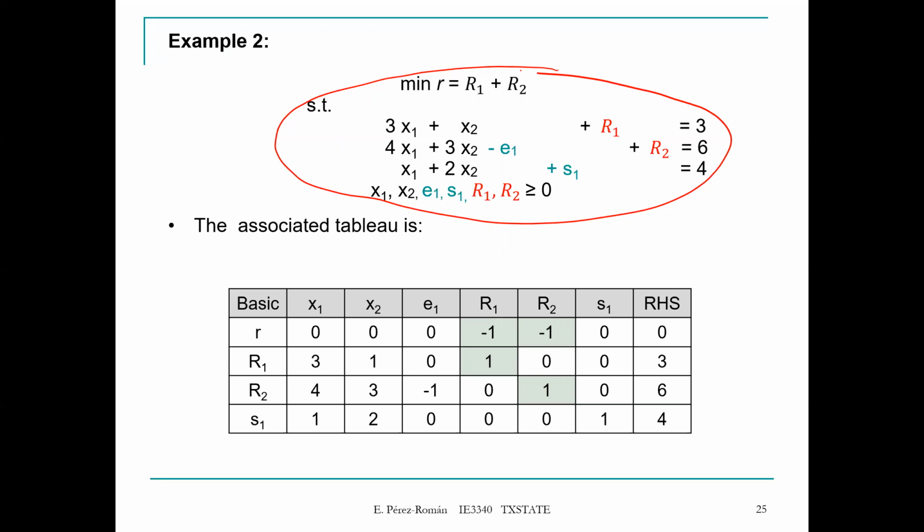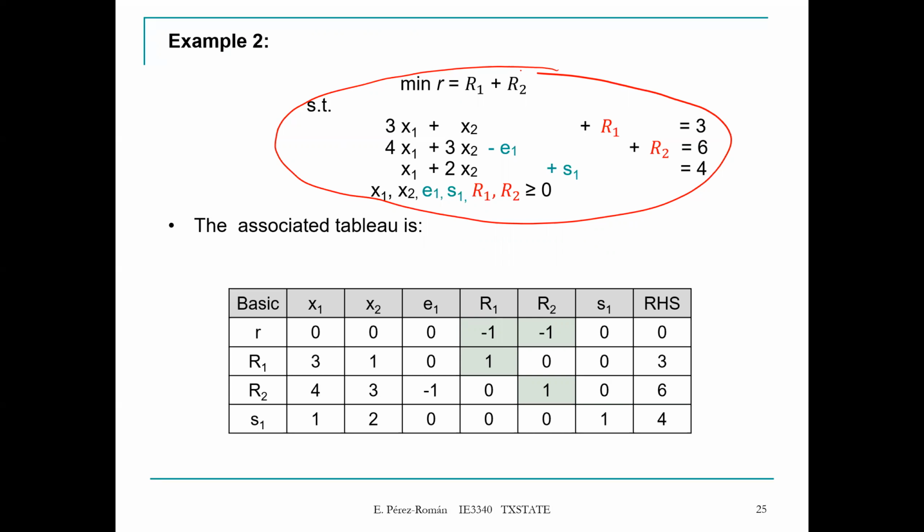As we did for the simplex method, now we are going to apply the simplex method to phase 1 of the two-phase method. So in row 0, we have the negative values for the artificial variables, R1 and R2. And then for each constraint, we have a row.